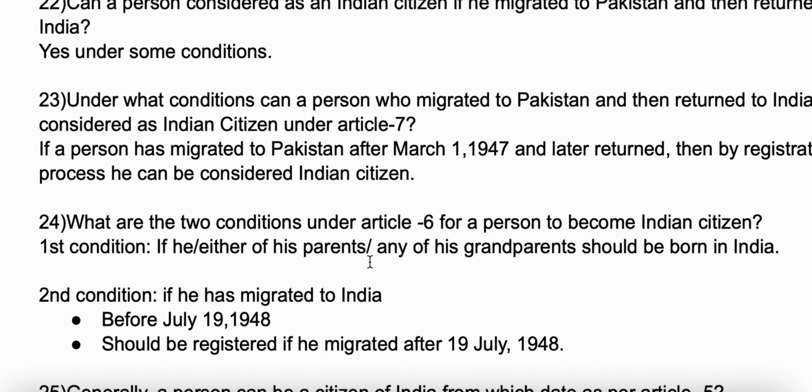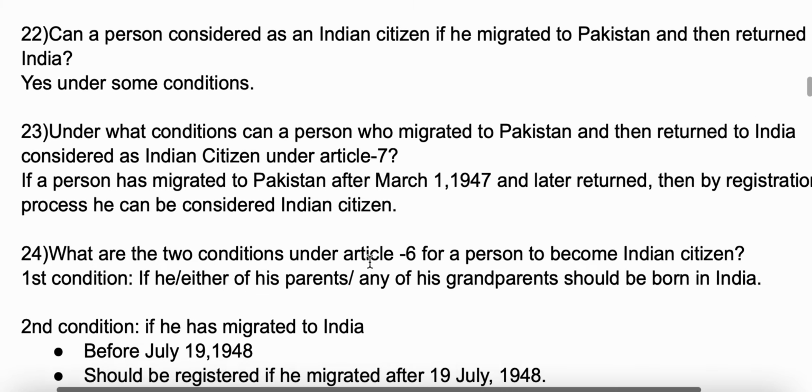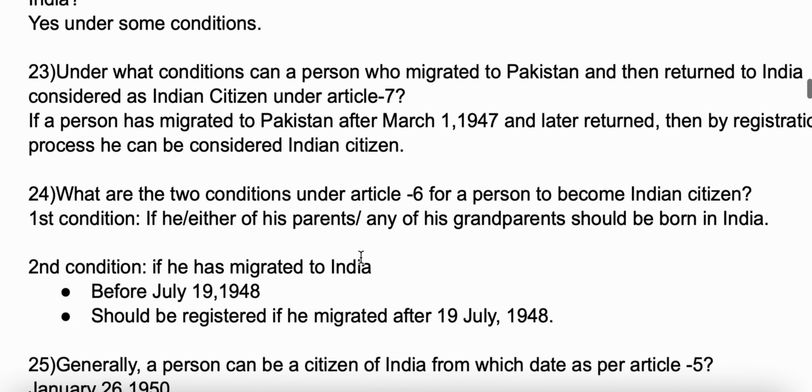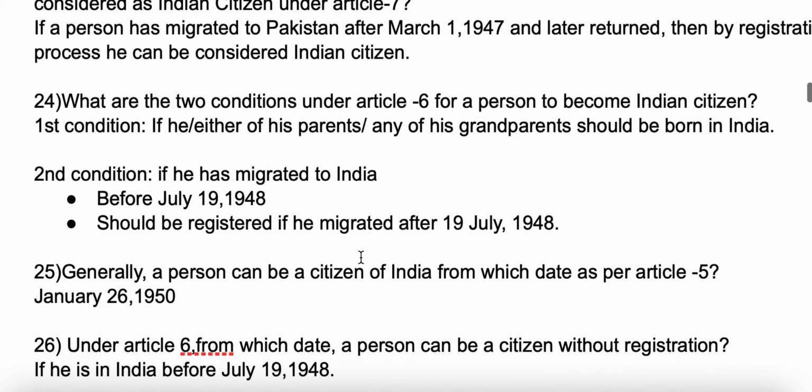So next, 24th question, what are the two conditions under Article 6 for a person to become an Indian citizen? So the first condition is if he or either of his parents or any of his grandparents were born in India. So what is Article 6? From Pakistan I am coming to India. So what are the conditions for considering me a citizen?